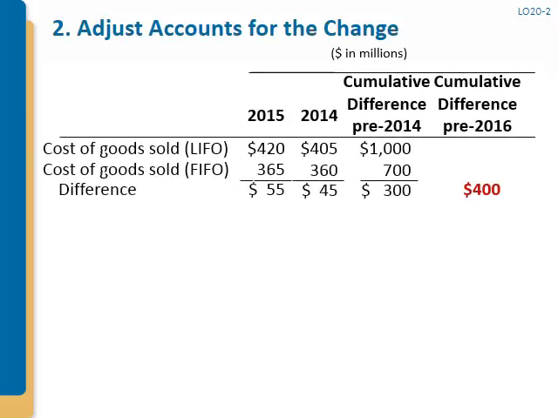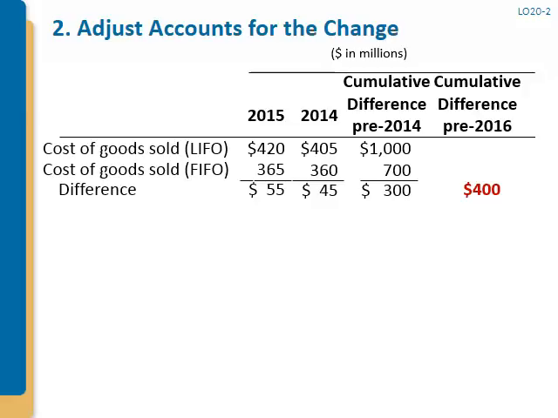Besides reporting revised amounts in the comparative financial statements, Airparts must also adjust the book balances of affected accounts. It does so by creating a journal entry to change those balances from their current amounts using LIFO to what those balances would have been had they been using the newly adopted method, FIFO.